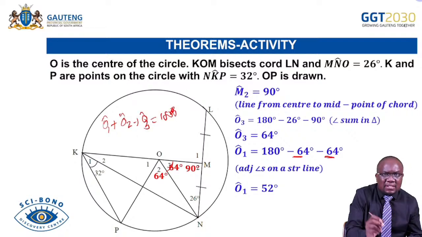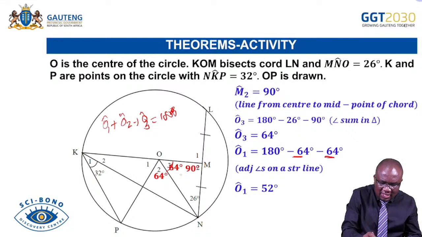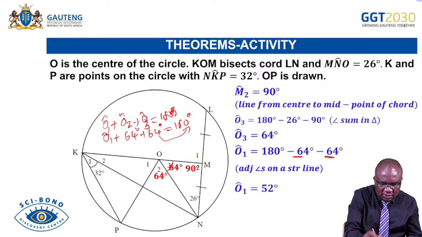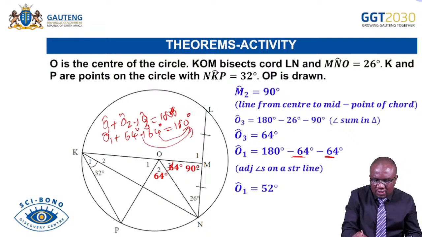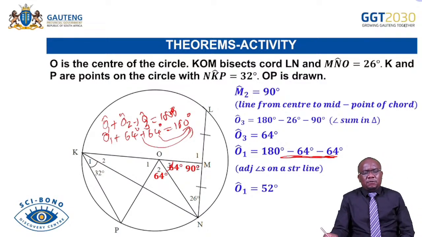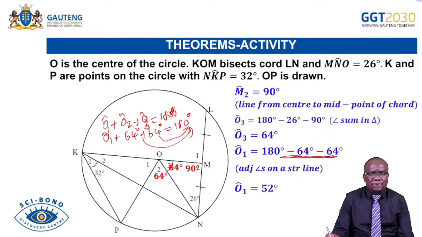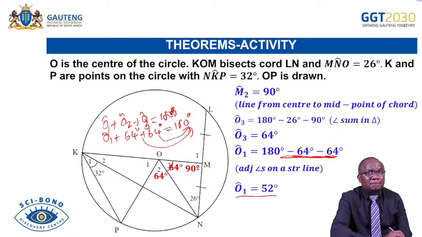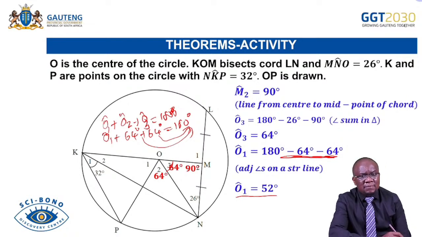Don't forget the reason. So O1 plus 64 degrees is equal to 180 degrees. If you transpose these, they come this side, both of them. That's why we have minus 64 degrees minus 64 degrees. And then we get O1 is 52 degrees. Do you see we are getting the same answer?